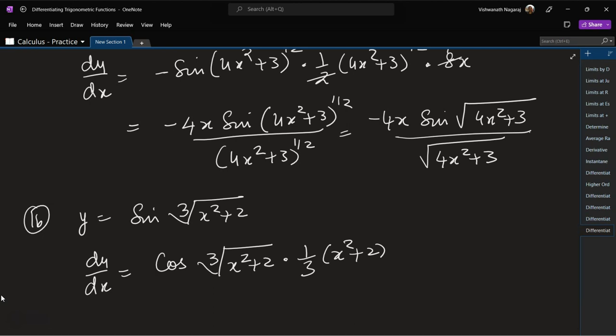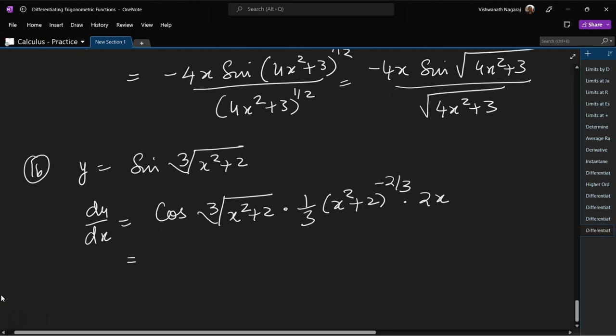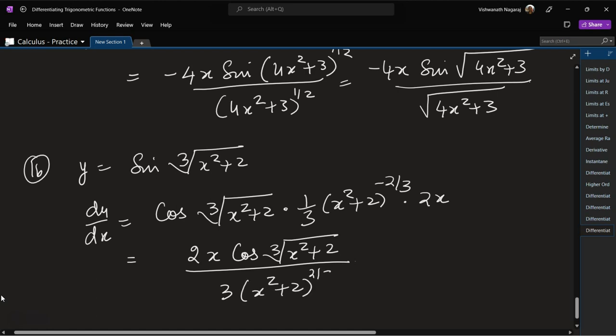So 1 by 3 minus 1 is minus 2 by 3 times 2x, which gives us, let's take 2 by 3 we have. So 2 will be in the numerator, 3 will be in the denominator. So 2x cos cube root of x square plus 2 by 3 times x square plus 2 to the power of 2 by 3. Or we can write it as cube root of x square plus 2 square.